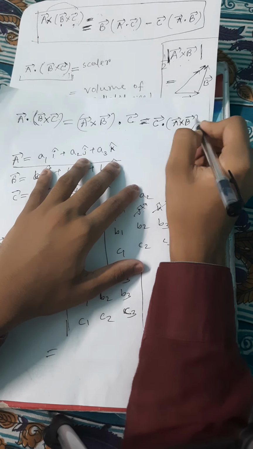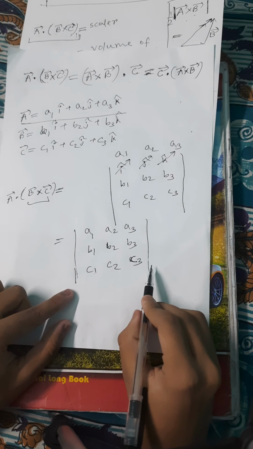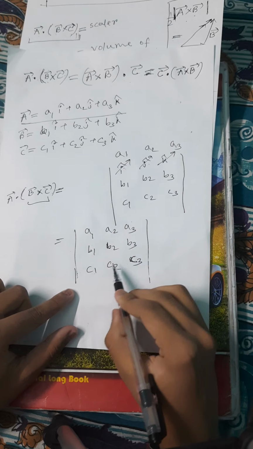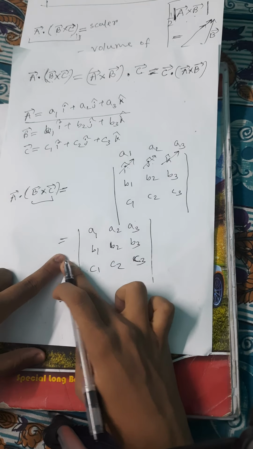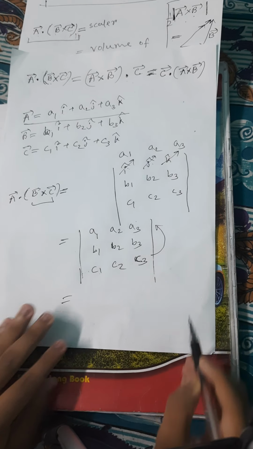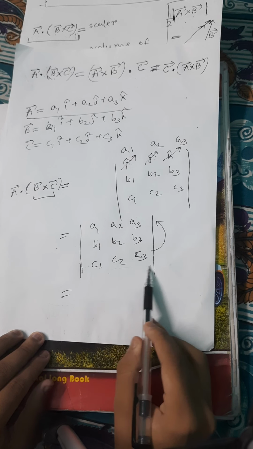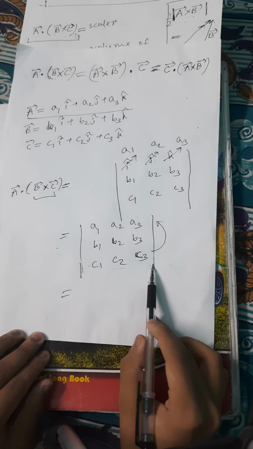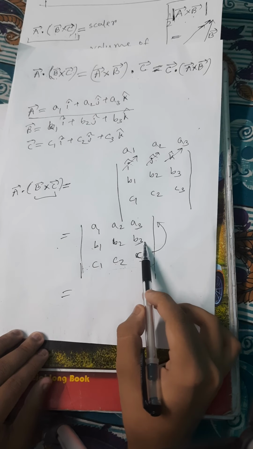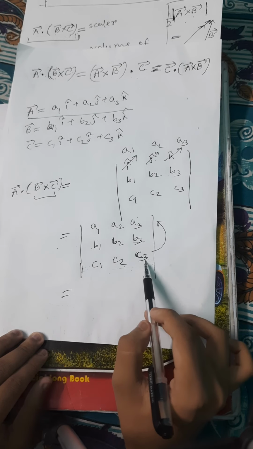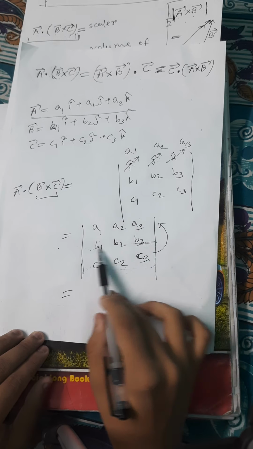a cross b. Okay, so if you interchange this row first, then one minus sign will appear, and A1, A2, A3 will be positioned at the last row. Then interchange A1, A2, A3 with the second row. So A1, A2, A3 will finally be positioned at this position.